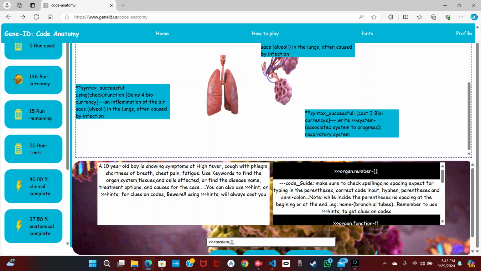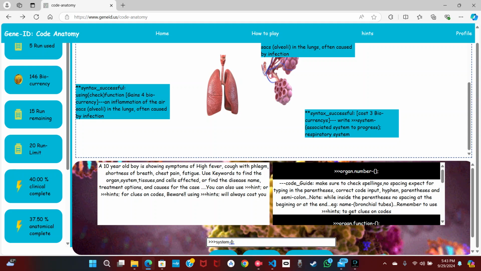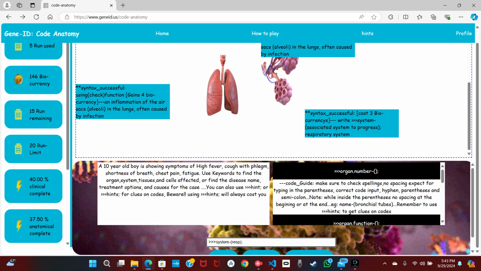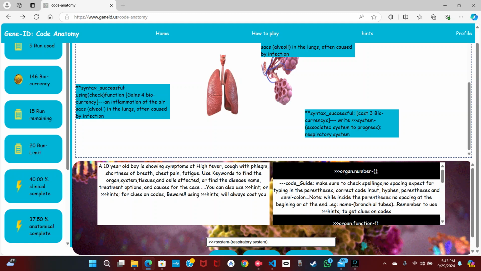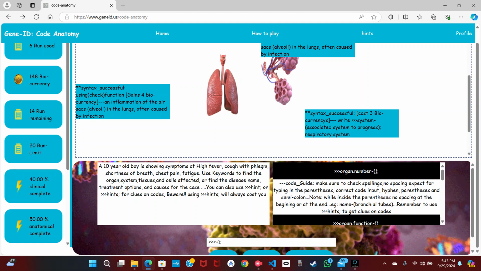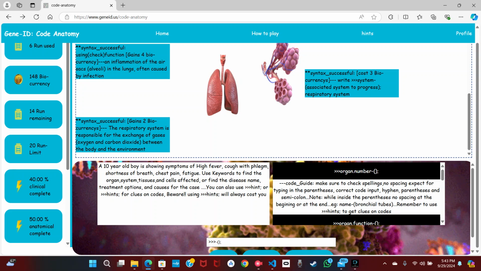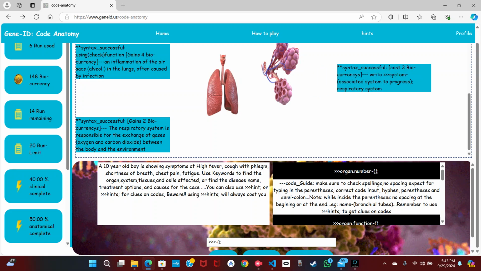Now we are in system, so you just write system and you write respiratory. Make sure that your spelling is correct. Respiratory, give space, system. Let's see if this code is going to work. And it did work. So as you can see here, let me free up some space.